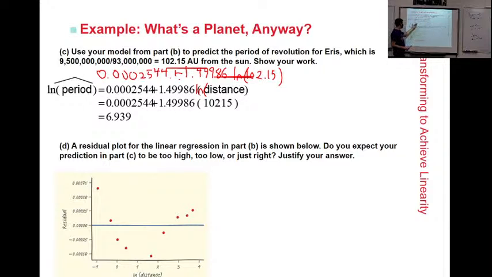And so that's how we would get this number. We would basically put this thing into our calculator, get out 6.939, and then say, since natural log of y equals 6.939, natural log is a base of e, so that tells me that e to the 6.939 equals y hat.